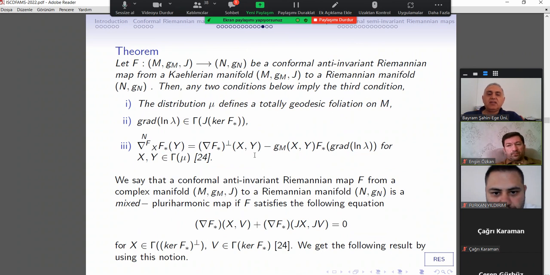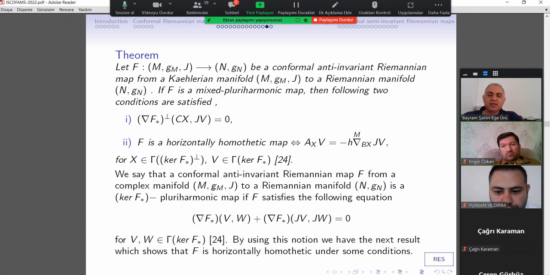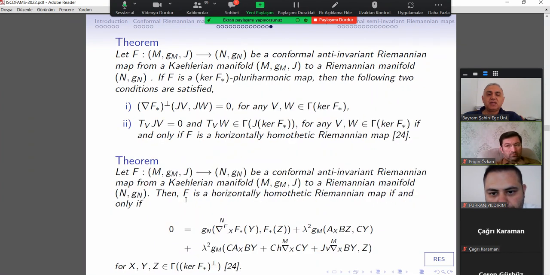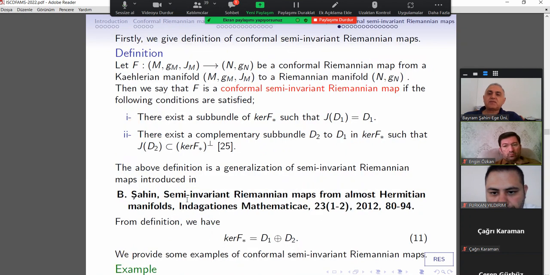Okay, these and other conditions. So by copying this condition, we call it the mixed polyharmonic map, and by using this notion, we give another condition. Here, another one, kernel F star polyharmonic map. So in this way, we have another characterization. Okay.